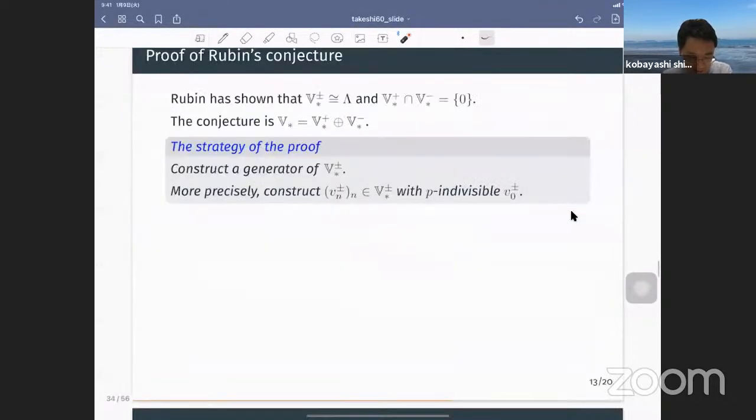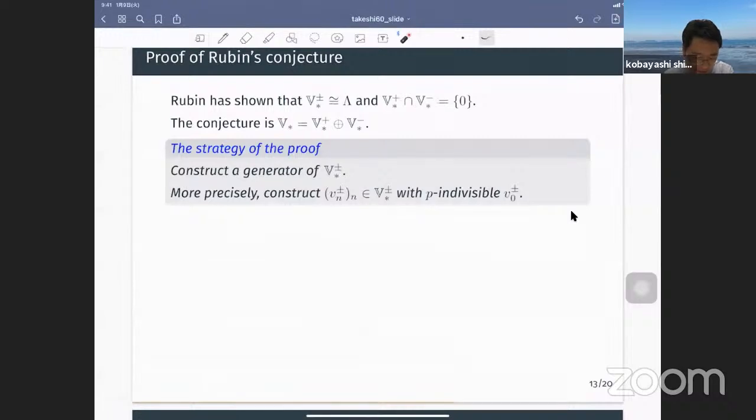And our strategy of the proof is that we construct a candidate, a generator of V plus minus star. More precisely, construct an element whose bottom term is p-indivisible. Then by Nakayama's lemma or something, commutative algebra, simple calculation, the cohomology group implies the decomposition.